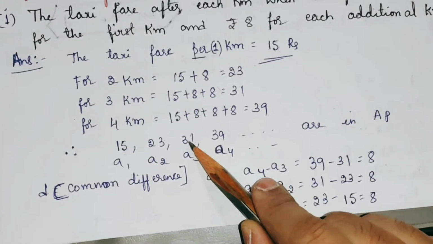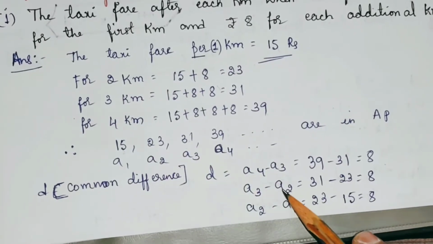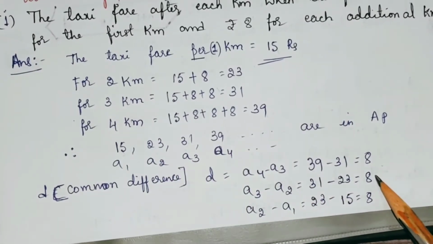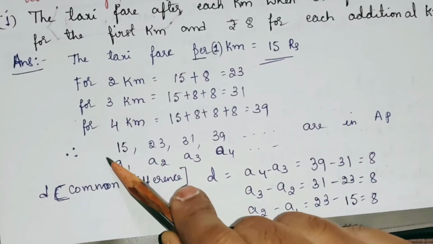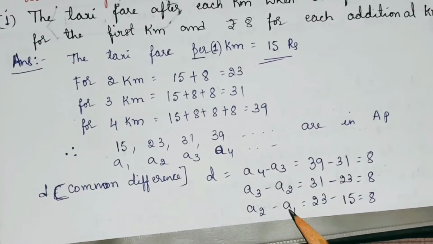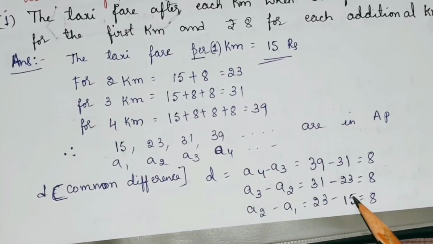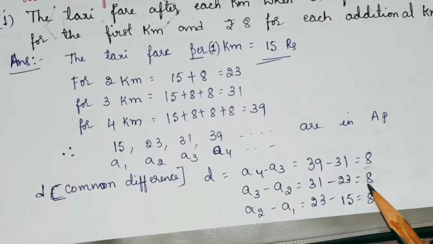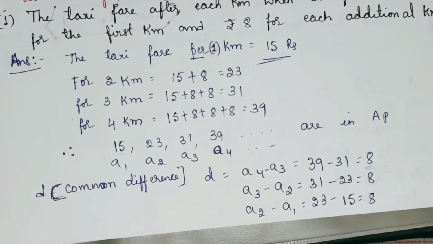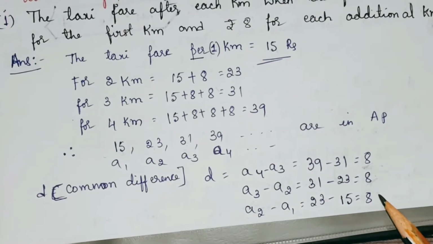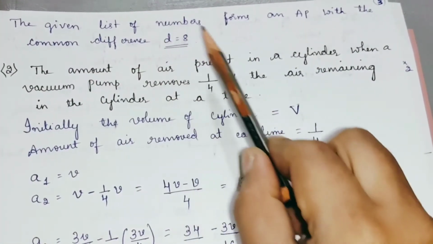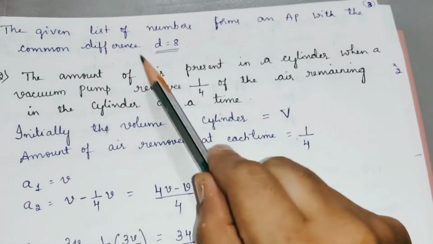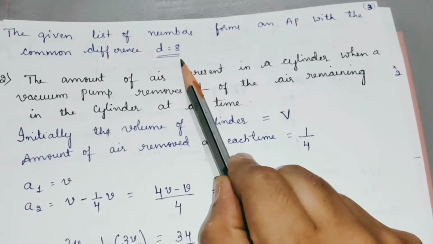Or subtract third term minus second term, it is 31 minus 23, is again 8. If you subtract second term minus first term, that is A2 minus A1, 23 minus 15, again it is 8. Here if you observe, the common difference is the same. Hence, the given list of numbers forms an arithmetic progression with a common difference 8.